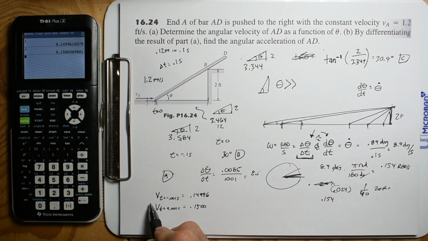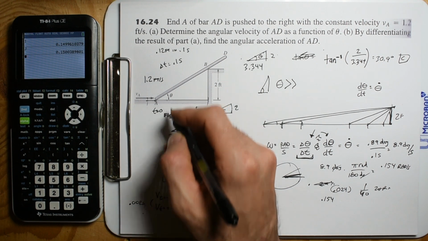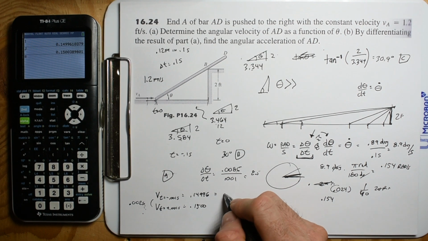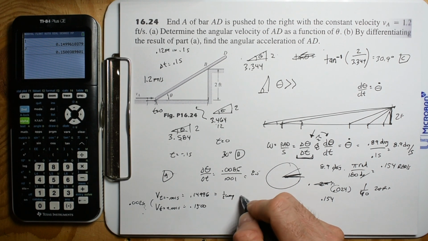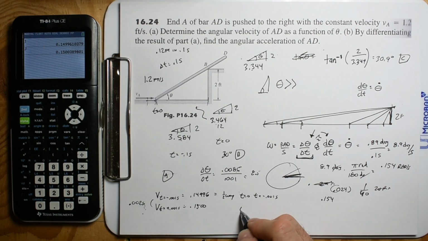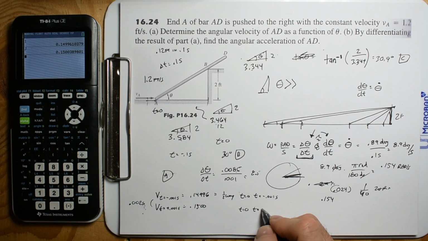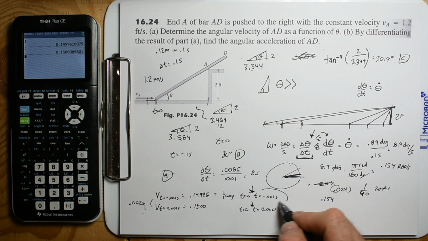And these two are not 0.002 seconds apart because they're averaged. This velocity is halfway between t equals 0 and t equals negative 0.001 seconds, and this one is halfway between 0 and t equals positive 0.001 seconds.